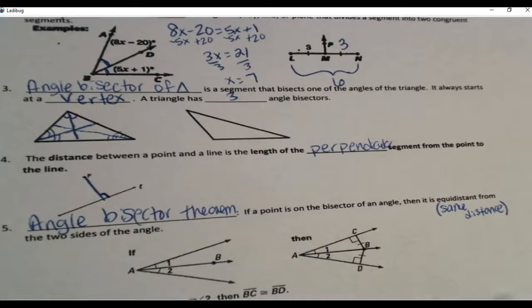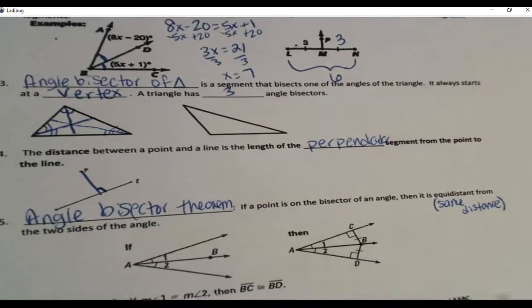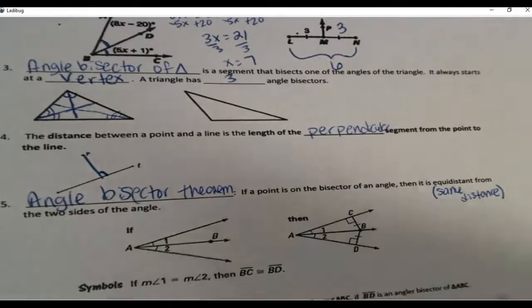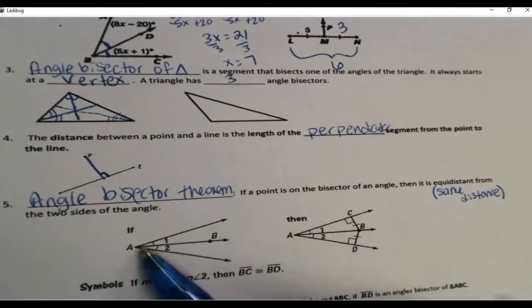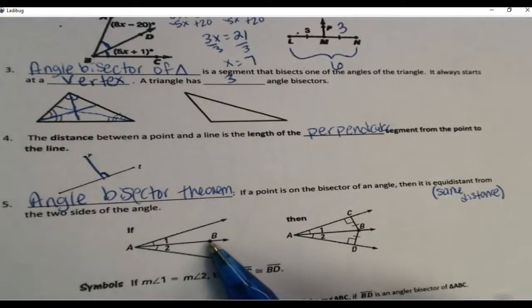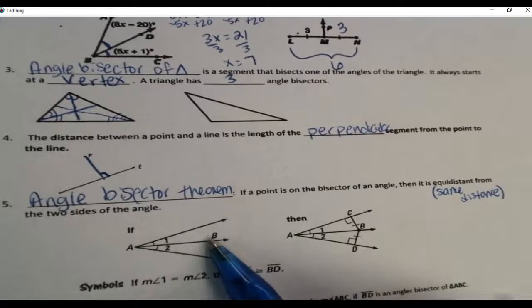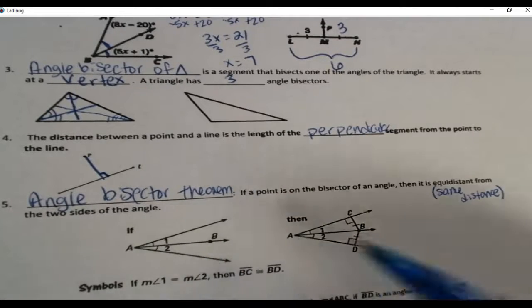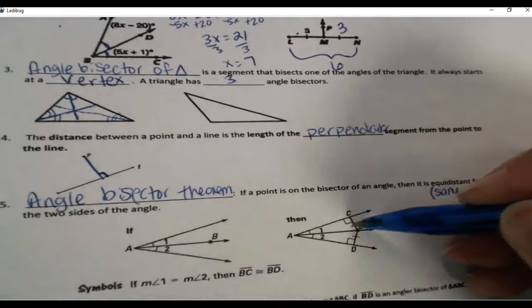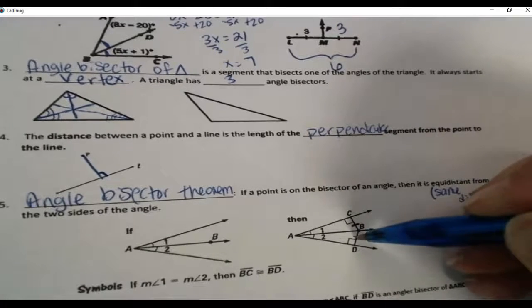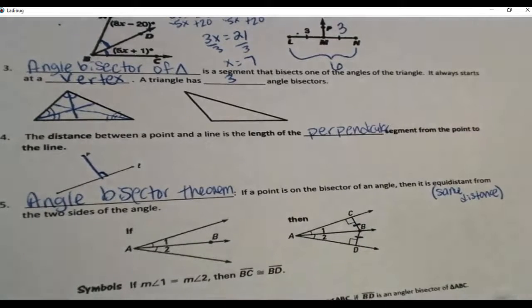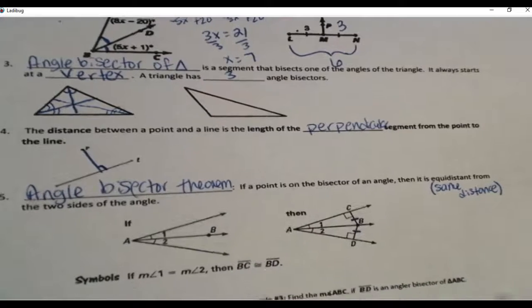So what that tells me is if we have this point B, if AB is our angle bisector, then that tells me that B is the same length from the top side of the angle as it is from the bottom side of the angle. So then over here, we could say this little segment is the same as that little segment. That's pretty much what that's saying.